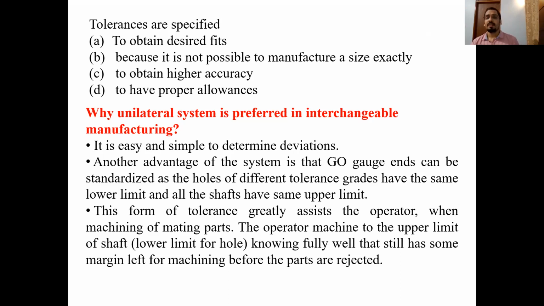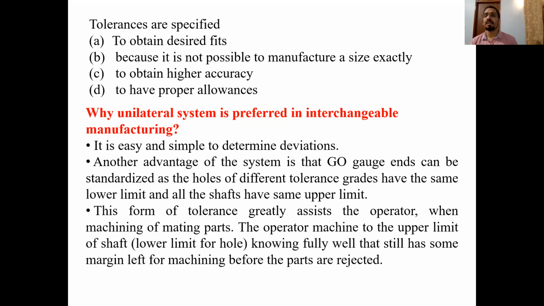So beta, it is considered that we generally use the unilateral system of fits in interchangeable assembly. What is the reason behind it? First reason is it is easy and simple to determine deviation. In the unilateral system, it is easy to define the deviation.